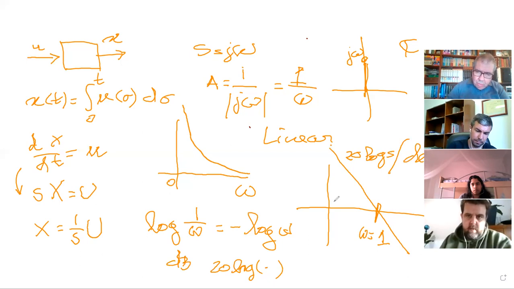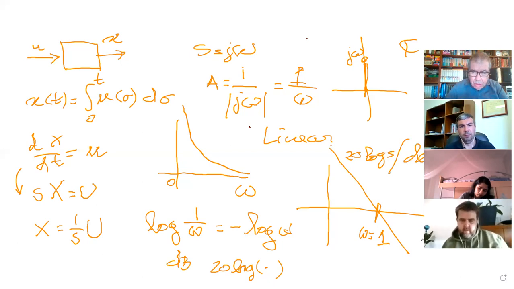That is to say, when you move a factor of 10 in the omega, you have moved 1 unit in the logarithm, and you have fallen 20 dBs.